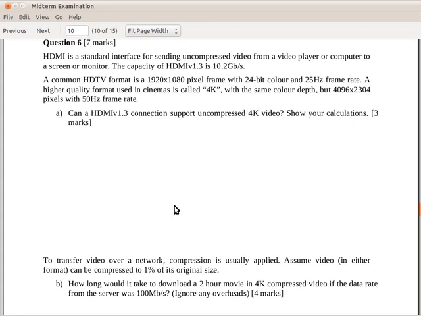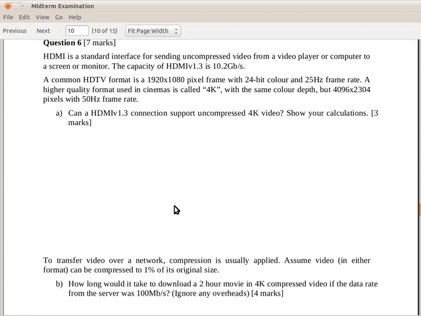So on every image we have this many pixels, almost 2 million pixels, and every pixel is 24 bits. So we know the number of bits in every image. And the frame rate says we have 25 frames per second, 25 hertz.